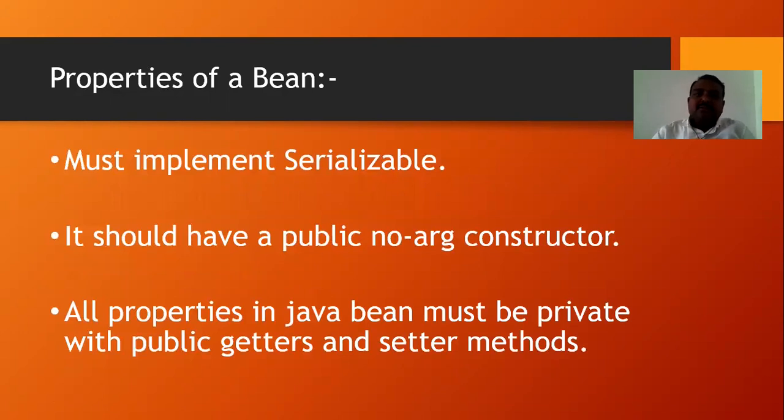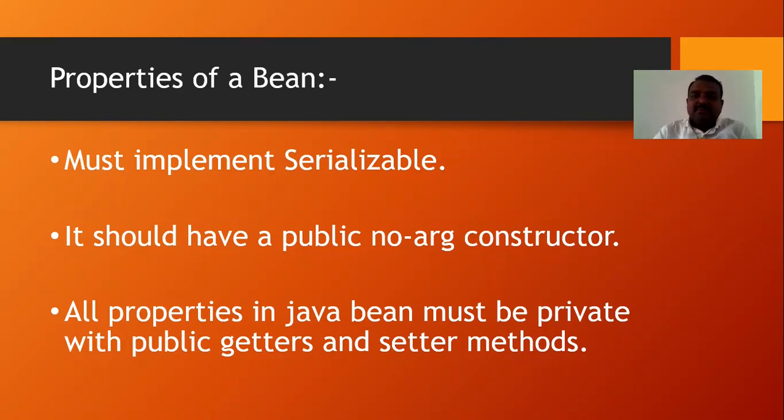And now we'll see what the features of a Java bean are. As we all know, a Java bean is created by using a Java class. And that class which is going to create a bean should implement an interface called Serializable, from the package java.io.*.